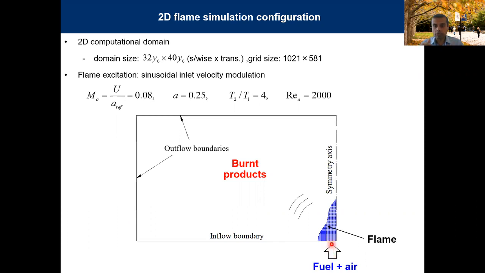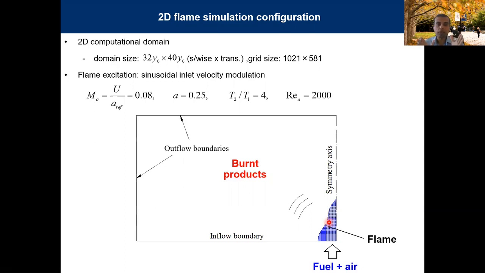So we send the velocity perturbations in here. As a result of that, the flame wrinkles or responds to these velocity fluctuations, and that will produce sound. So we want to look at how sound generates, what the mechanism of sound generation is for this flame.